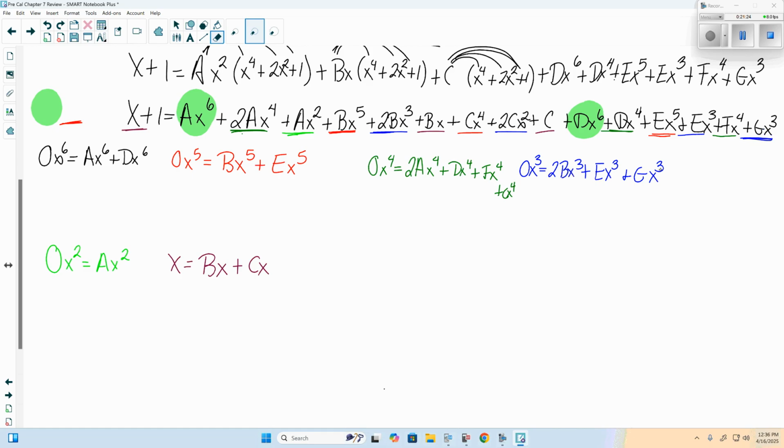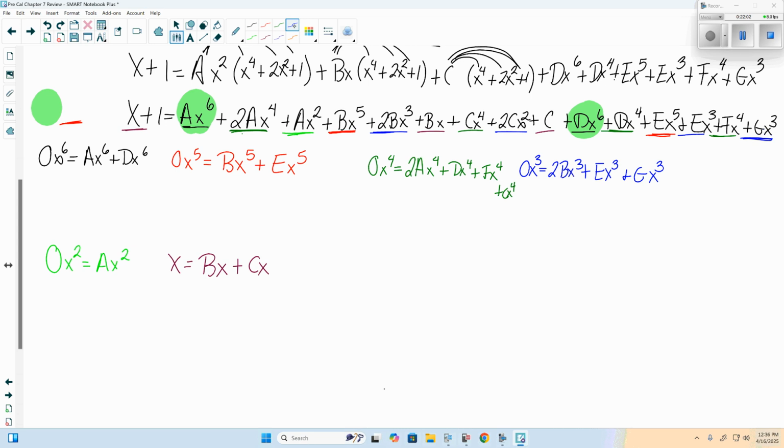Gx cubed. So I'm going to just, for my insanity's sake, list it out: ax to the sixth and dx to the sixth we have here. Fifth, bx to the fifth, and ex to the fifth. Fourth, 2ax to the fourth, cx to the fourth, dx to the fourth, fx to the fourth we have.